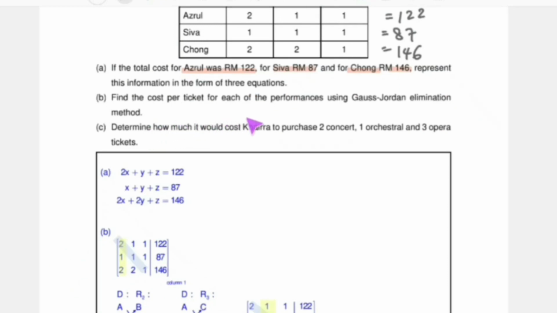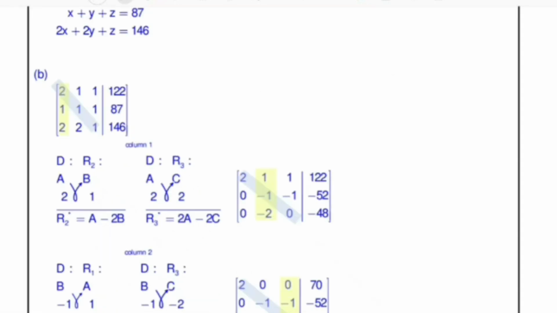Find the cost per ticket for each of the performances using Gauss-Jordan elimination method. So kita nak tulis dalam bentuk augmented matrix. Ambil coefficients. So coefficients, okay, dengan nombor belakang lah. Okay, fokus pada kolom pertama. So diagonal, row kedua, row ketiga.